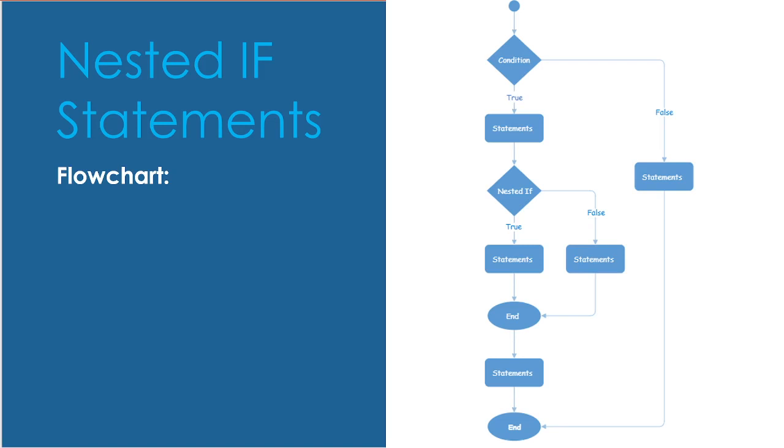And then the nested if is, if yes, then are you first year, second year, third year, or fourth year? The question of whether you are first year, second year, or third year will only be asked if the person answered that they are a student. Do you follow? It is the follow-up condition to the first condition.